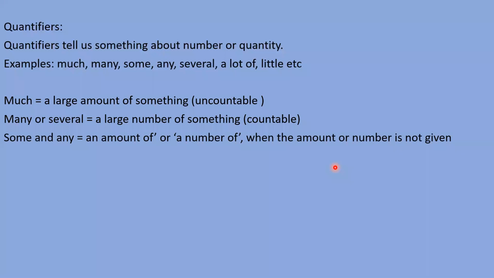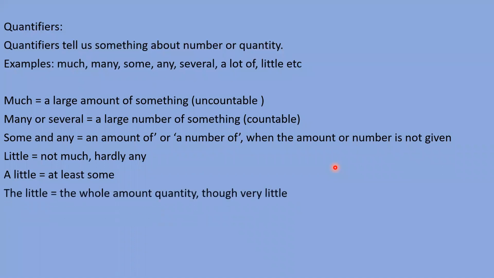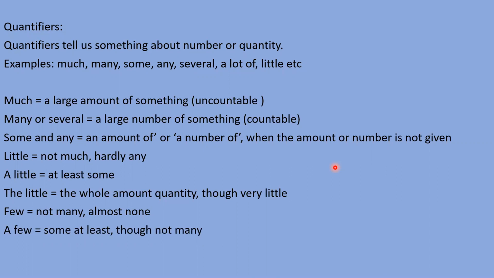Some and any mean an amount or a number when the amount or number is not given. Little means not much, hardly any. A little means at least some. The little means the whole amount, though very little. Few means not many, almost none. A few means some, at least, though not many. The few means all of them, though very few.